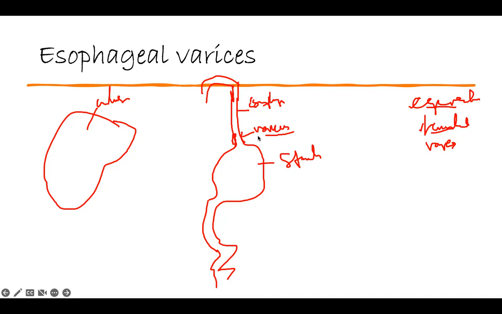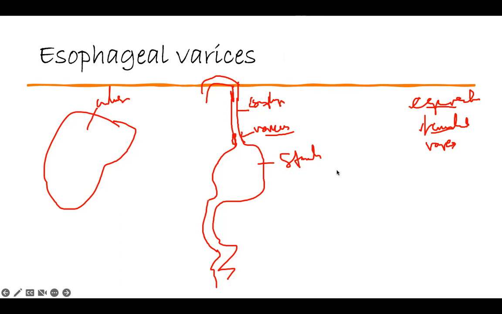These varices can bleed, and when they bleed, it's an emergency. When a patient comes to the hospital, they usually will present with emesis with blood, coffee-ground emesis or bright red blood.